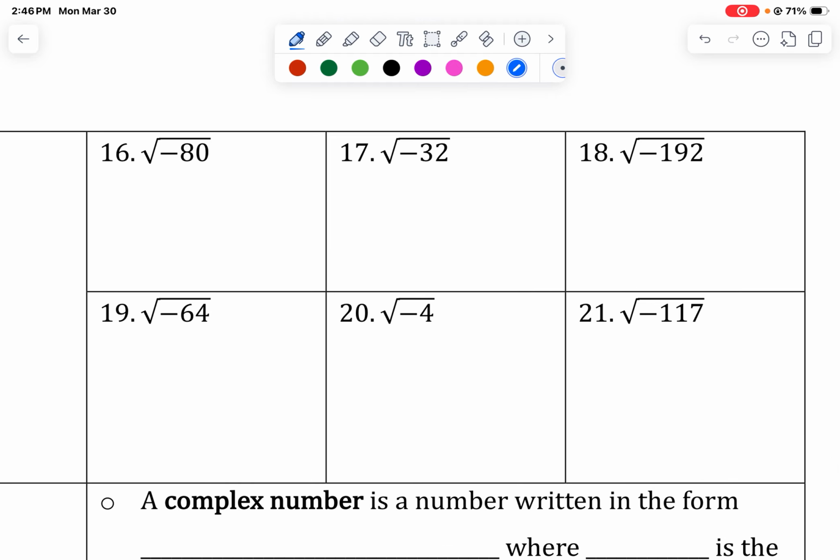So we get 3i squared times the square root of 20, which can be broken down even further, and we can replace this. So we get 3 times -1. We can break this down into the square root of 4 times the square root of 5, which gives us 2 root 5. Multiply all this together, we get -6 root 5 is our answer.